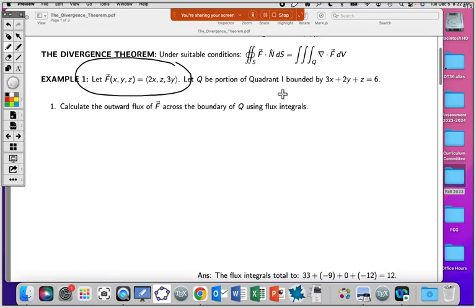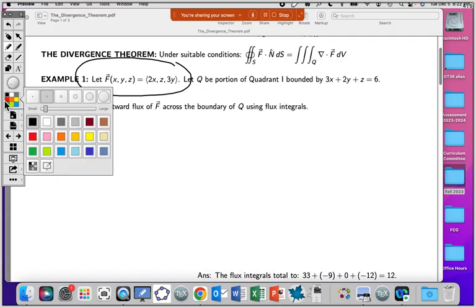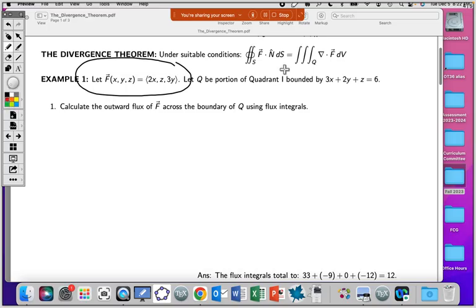So there's 2x, z, 3y. Let Q be the portion of the plane, Q be the portion of, I'm sorry, no, that's right, the portion of quadrant 1 bounded by this plane. So remember, Q is going to be a solid.